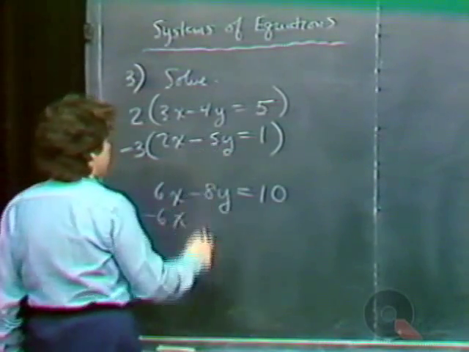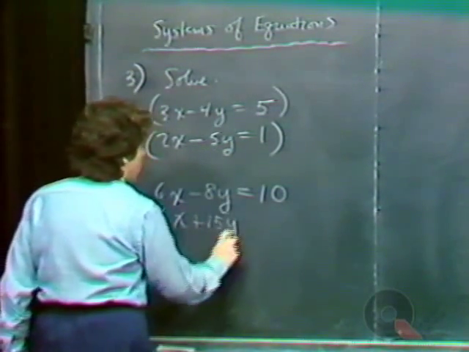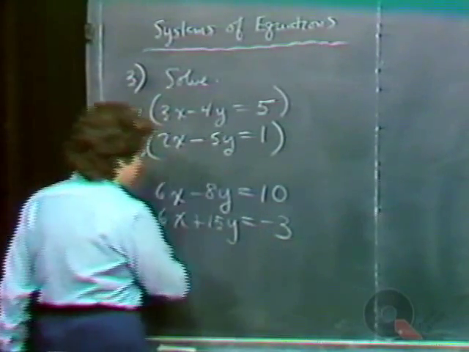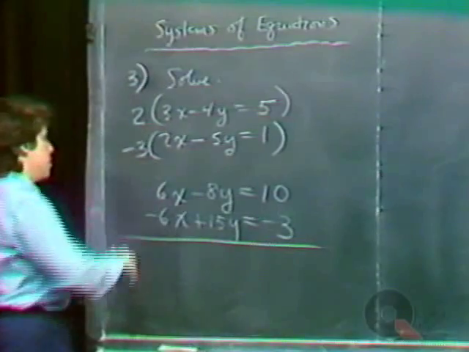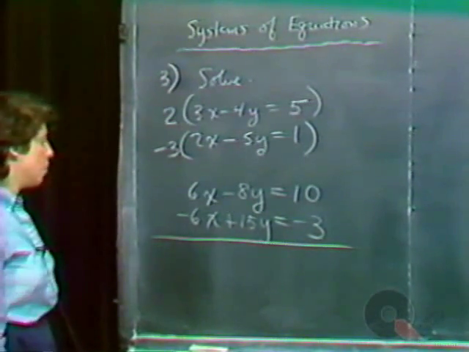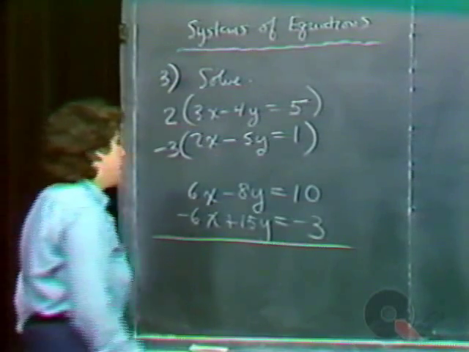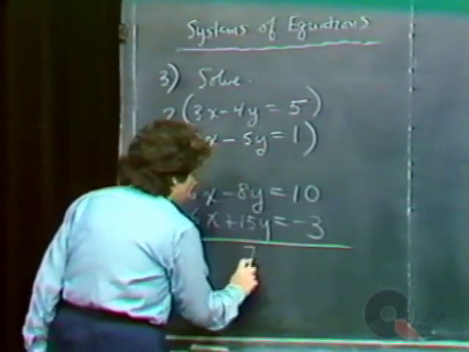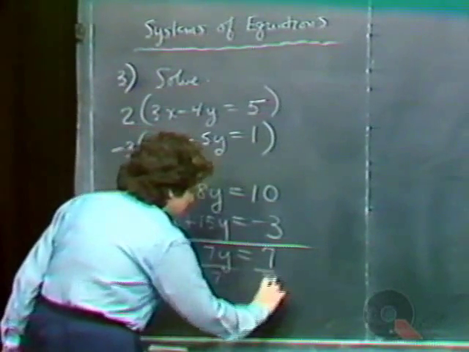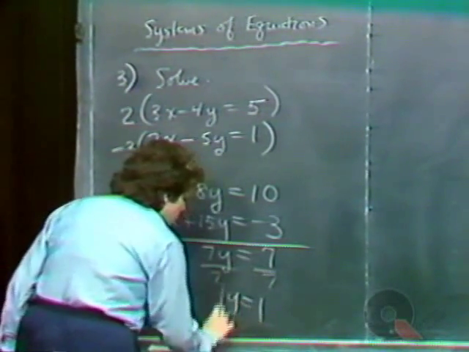Minus 3 times minus 5y is plus 15y. Minus 3 times 1 is minus 3. Now you can see why I picked the 2 and the minus 3. Because we have a 6x and a minus 6x, and when we add the equations, the x's drop out, and I get minus 8y plus 15y, 7y equals 7. Dividing by 7, y equals 1.